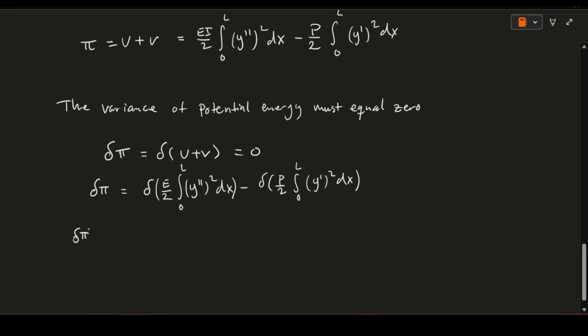So this variation is then equal to EI over 2 integral from 0 to L of the variation of y prime prime squared dx minus P over 2 integral from 0 to L of the variation of y prime squared dx.